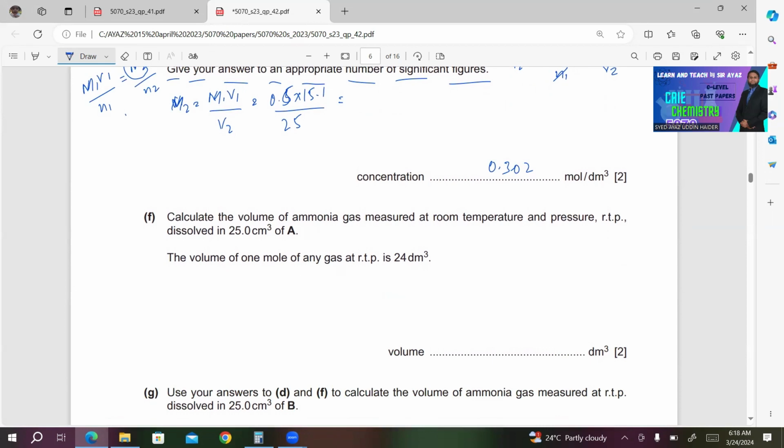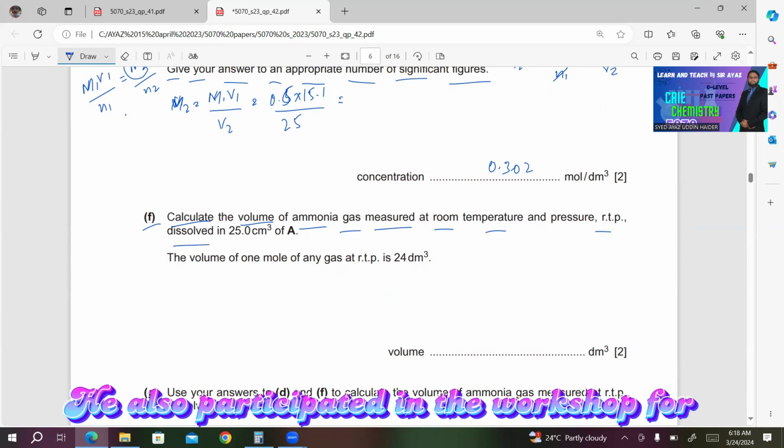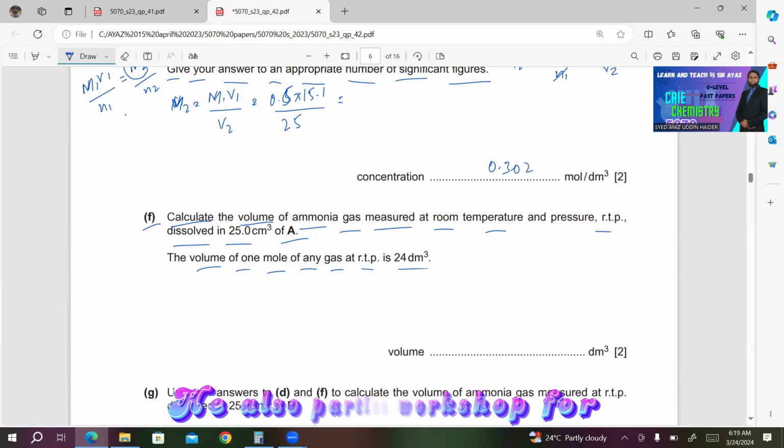Part F. Calculate the volume of ammonia gas measured at room temperature and pressure, RTP, dissolved in 25 centimeter cube of A. The volume of 1 mole of any gas at RTP is 24 dm cube.